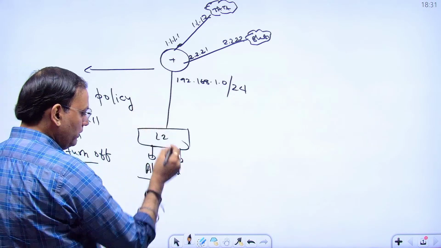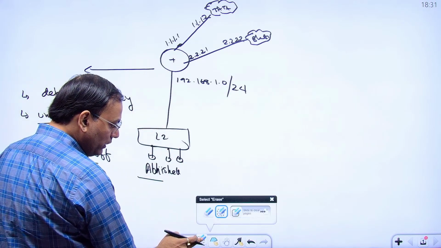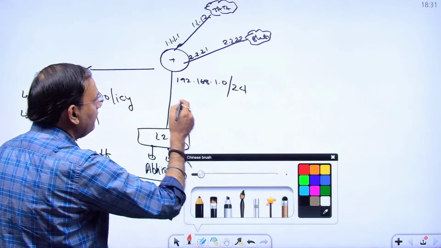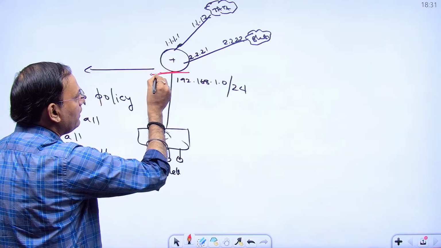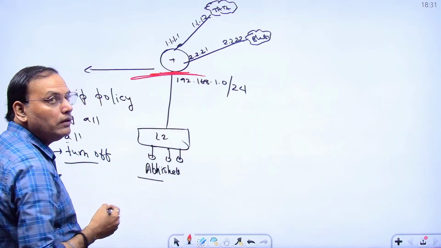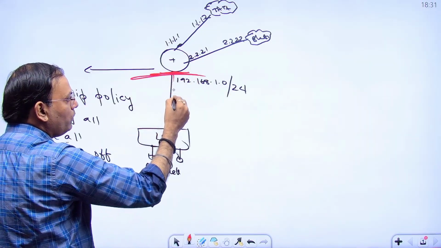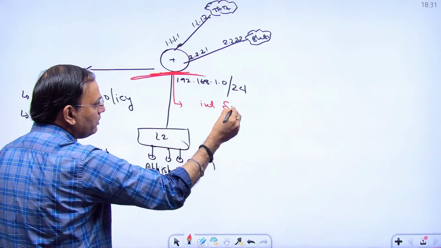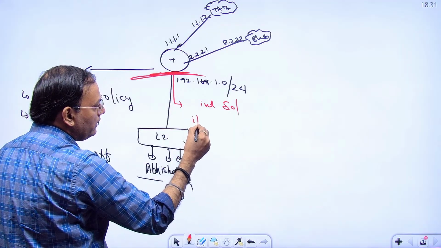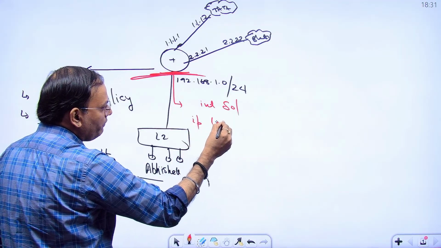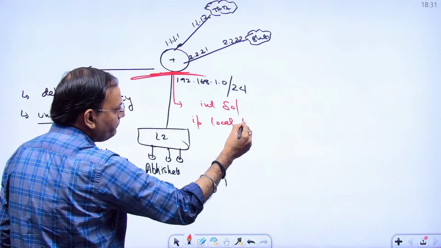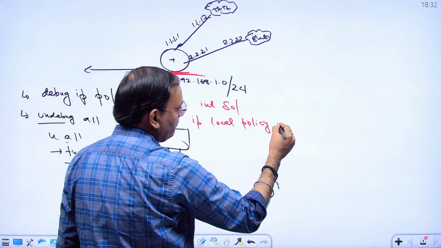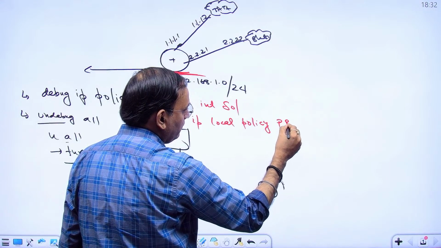So on which interface I have to configure, this was the question from my side. The last config you have to do on the interface. You have to take your LAN interface, right? So on this LAN interface, the config will be IP local policy and then your policy name, that was PBR policy.